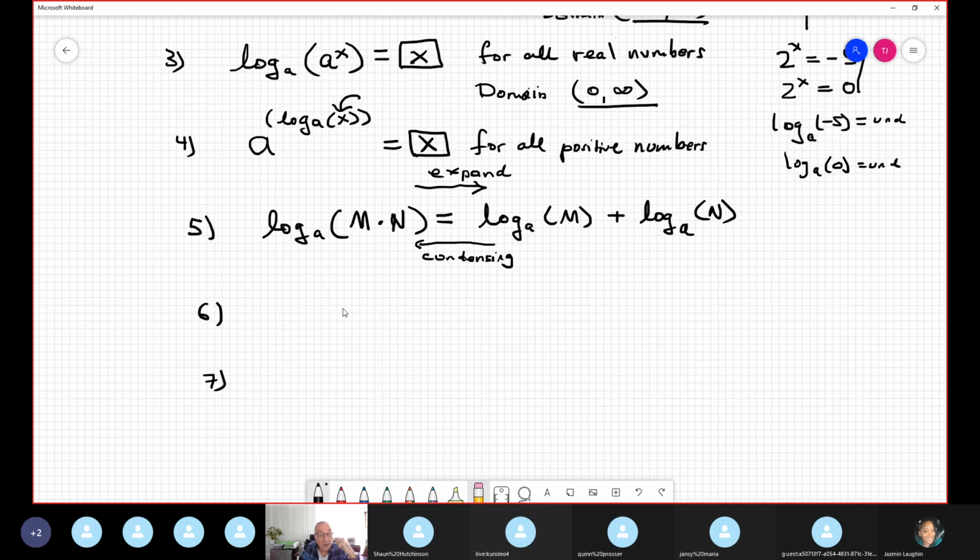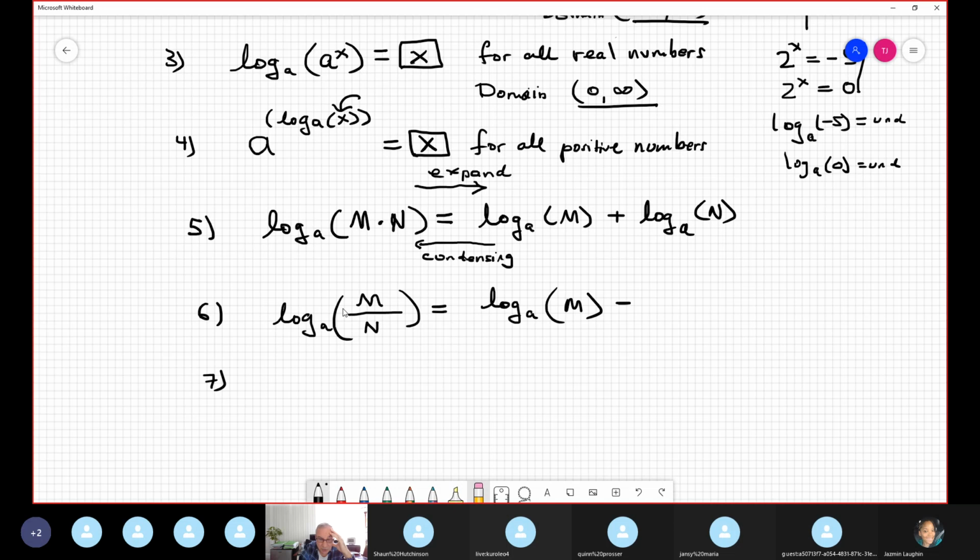Complementary to this property, we have division. When you divide inside the argument, m divided by n, you get a subtraction, because you know that when you divide exponentials, the property for exponents is a subtraction.